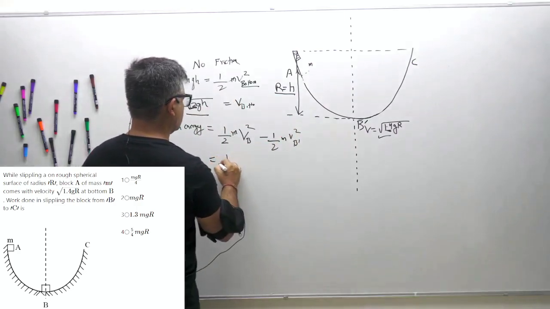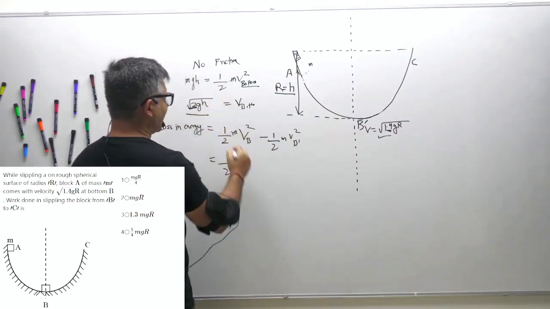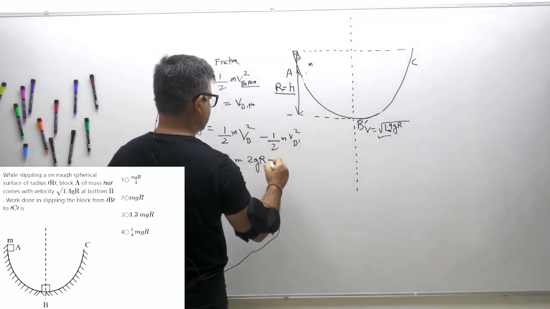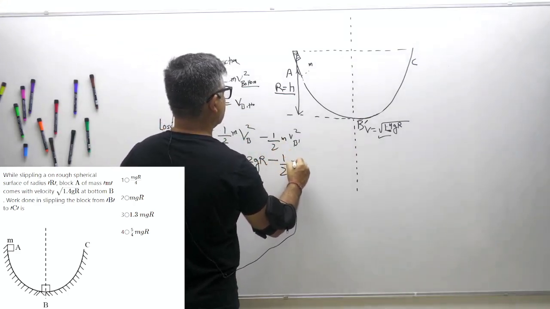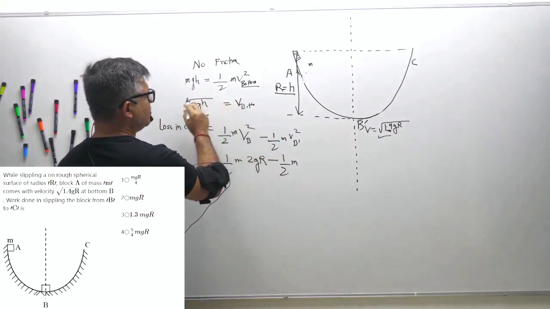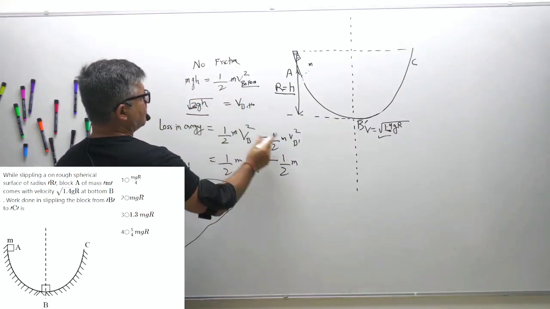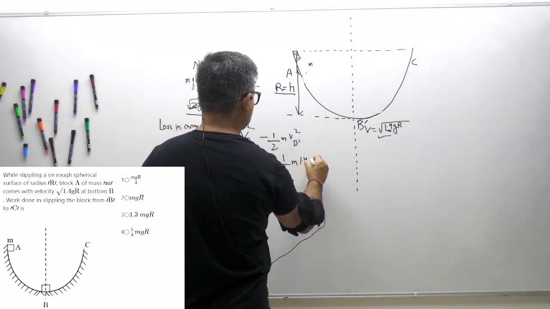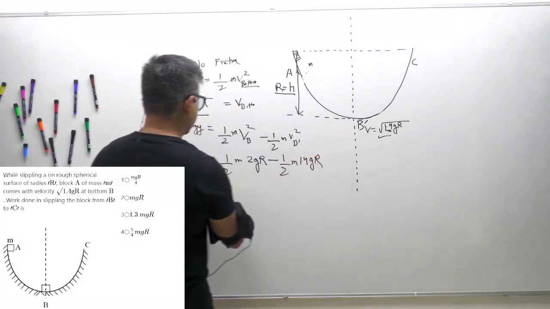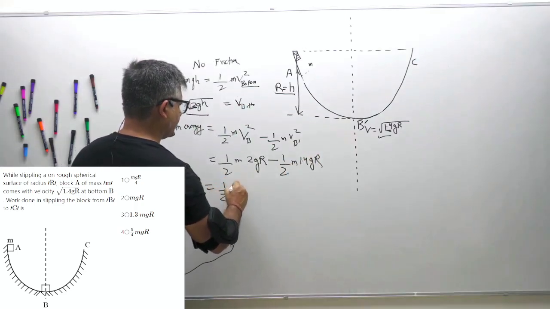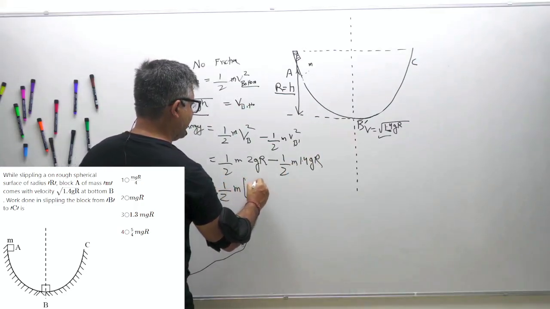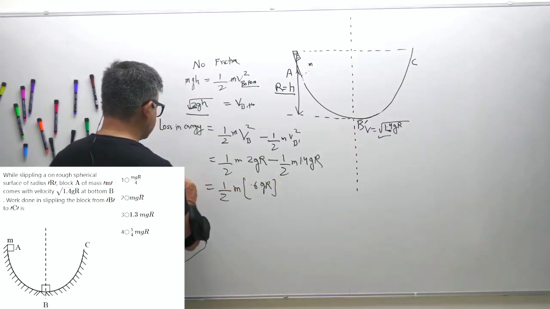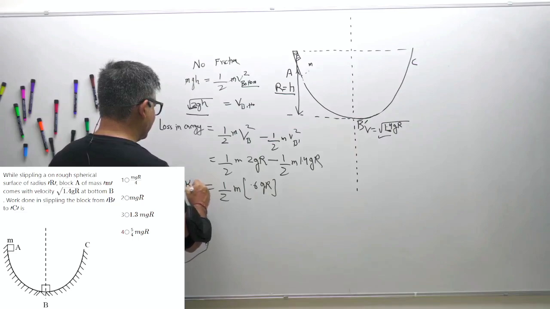So this is equal to half m times the value of vb squared, which is 2gr, minus half m times the value of b dash squared, which is 1.4 gr. So this is 0.6 gr. This is the loss in kinetic energy.